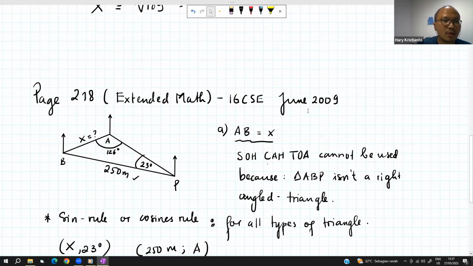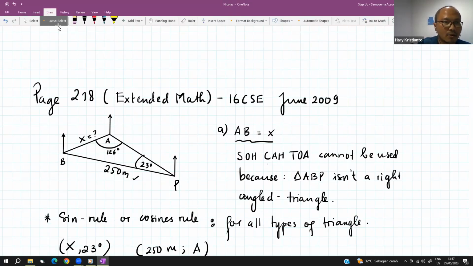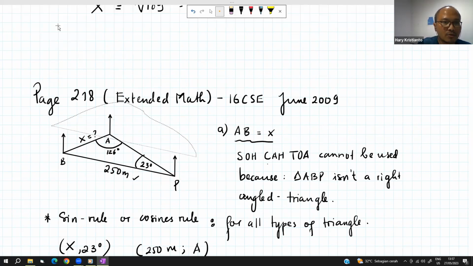It's here. Usually it works. Let me try again. I'm going to also select, Control C and Control V.